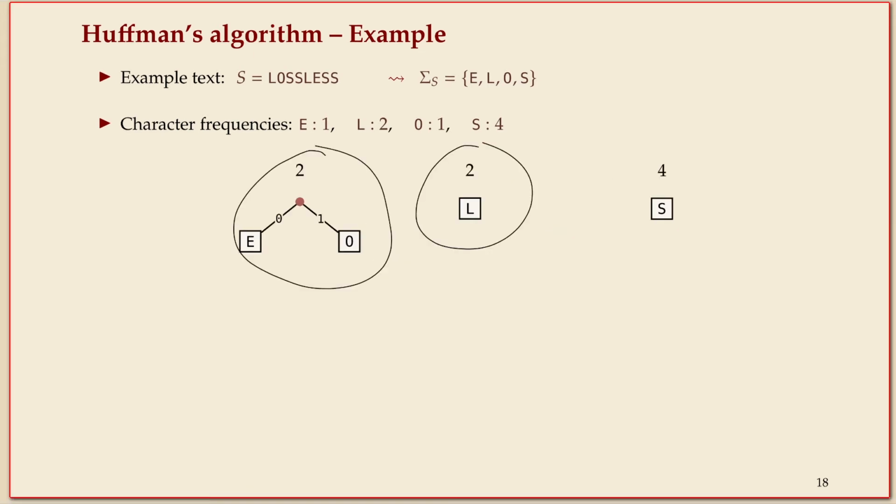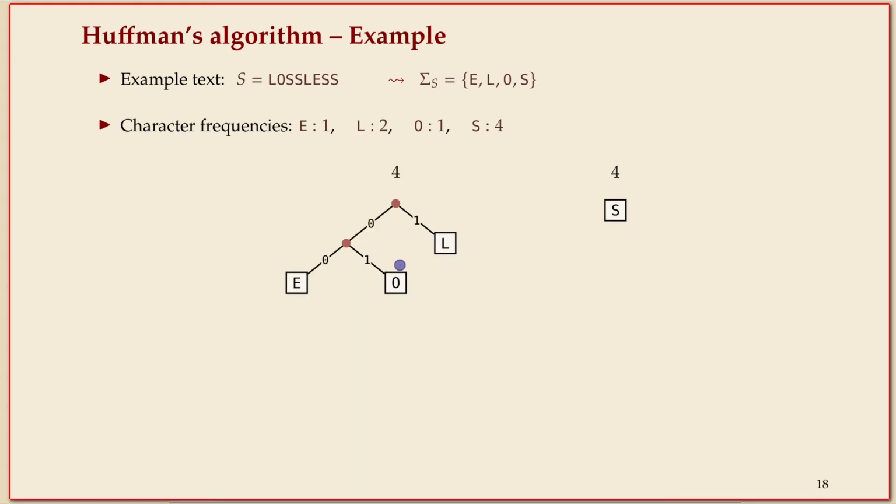Because we're using this notation in the tutorials, I want to stress that this is just the EO character as it was in the previous slide. So that's the new character that corresponds to E and O. But we can also do this at the next level. So we have EO with a box around, and then we combine this with L and put a bigger box around.